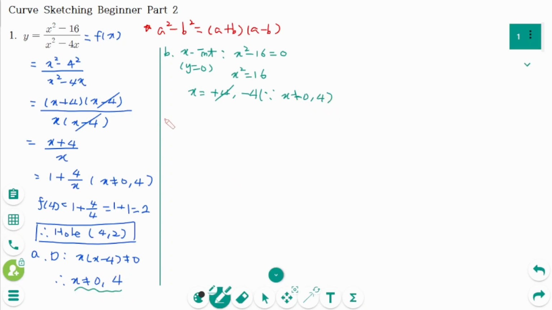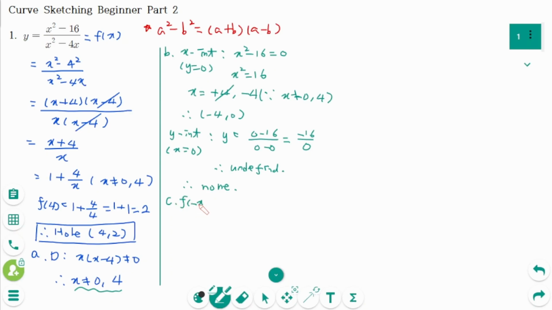From here, then x-intercept is minus 4, 0. Y-intercept is when x equals 0, then y equals 0 minus 16 over 0 minus 0, which is minus 16 over 0. That means undefined. So there is no y-intercept.